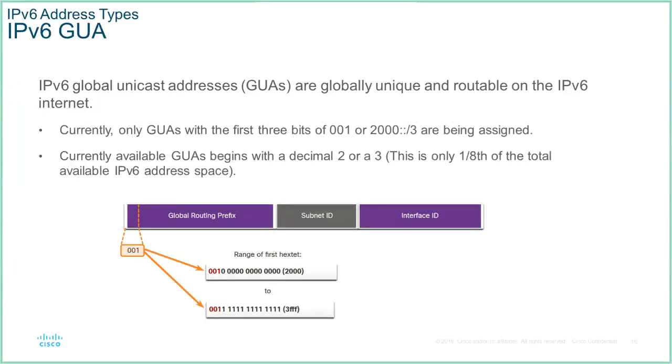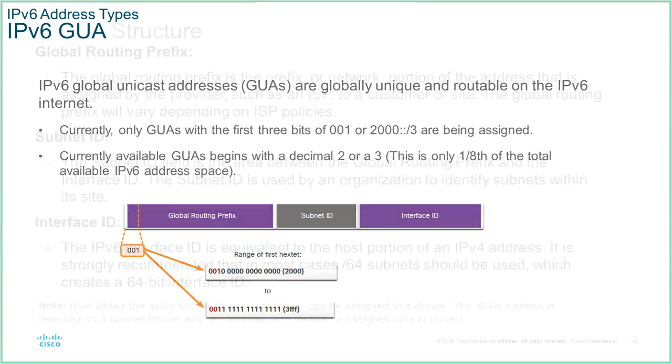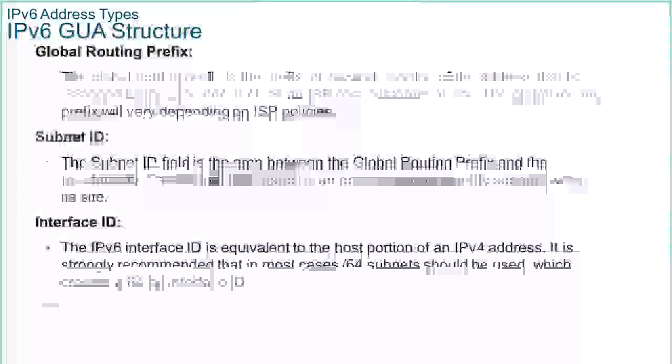They all start with 2000, which is a bit strange, but yeah, 2000 to 3FFF, which is an eighth of the total available IPv6 addresses at the moment. So these will change as they are adopted more.